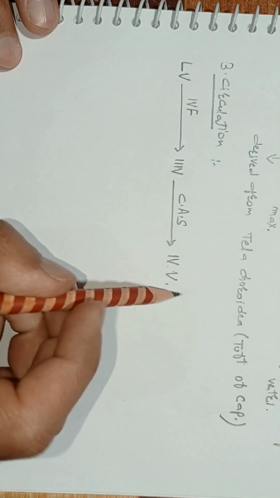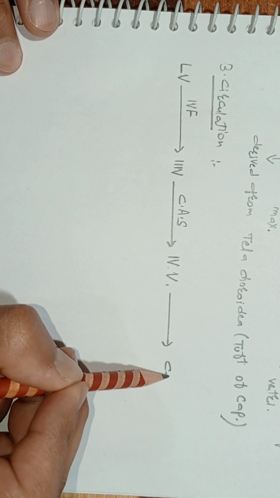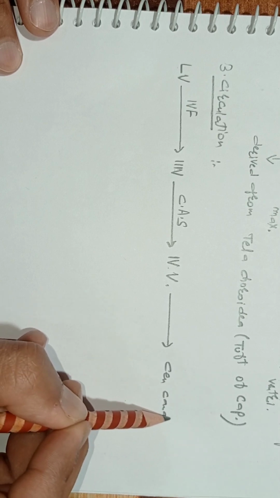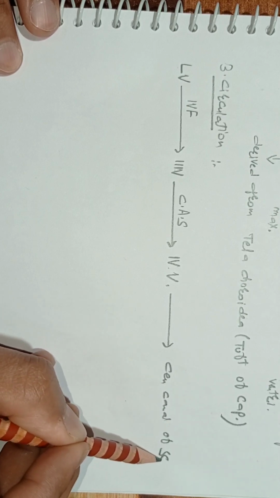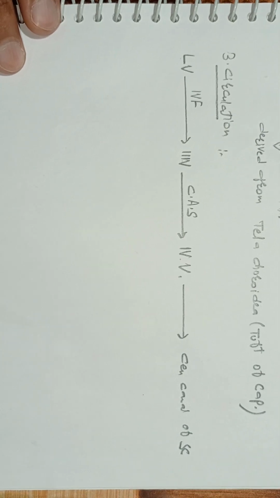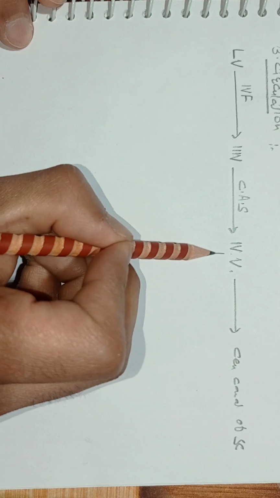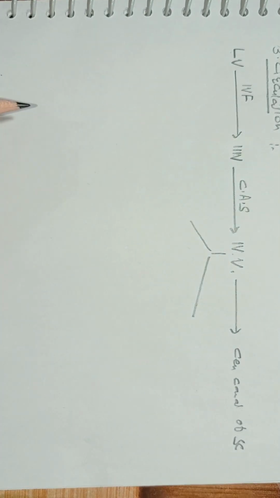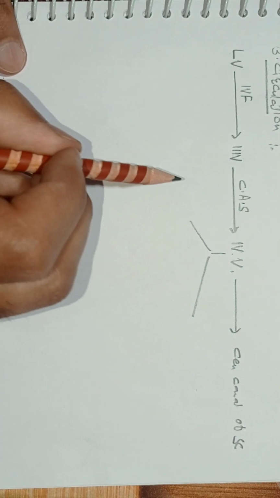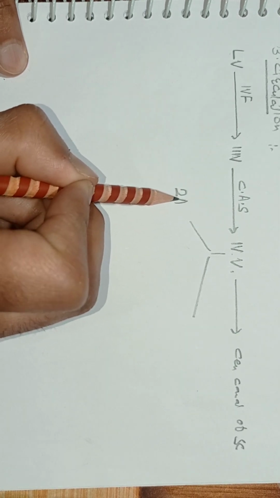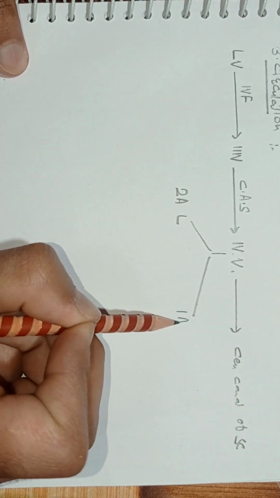From the fourth ventricle, it goes to the central canal of spinal cord. From the fourth ventricle, it also goes via three apertures, of which two apertures are lateral and one aperture is median.